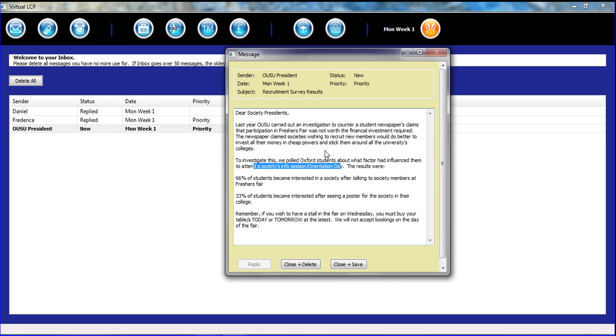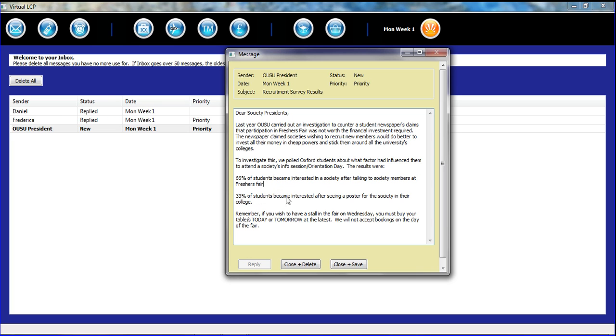Two thirds of students get influenced to apply to join the Society after talking to that Society's members at a Freshers Fair. So Freshers Fair is very good for recruitment, and only one third from seeing posters for that Society. So we're going to want both, but we want to put more emphasis on Freshers Fair. And our deadline for the stall is today or tomorrow.